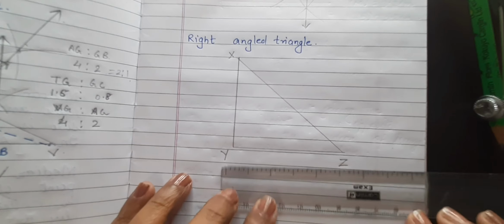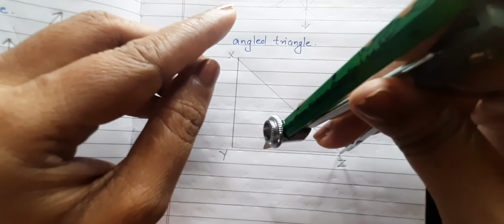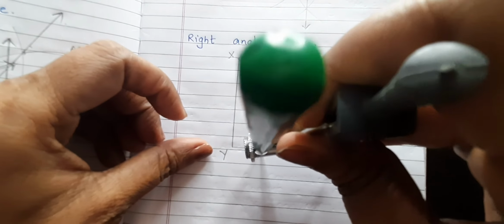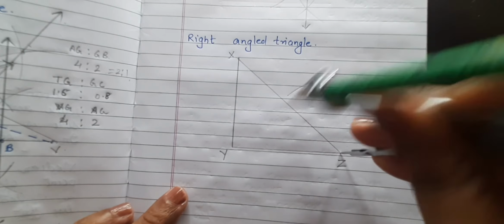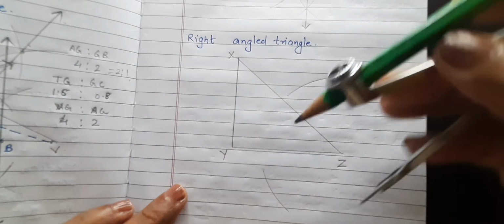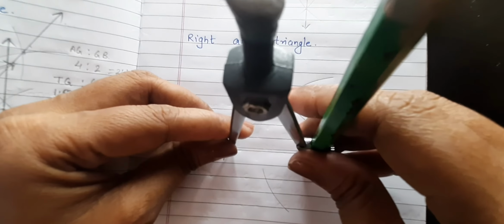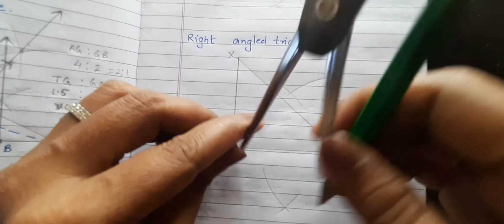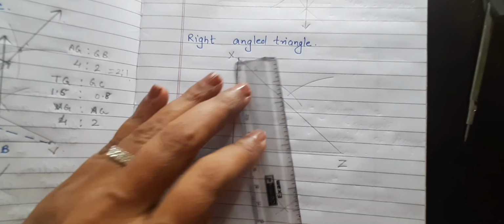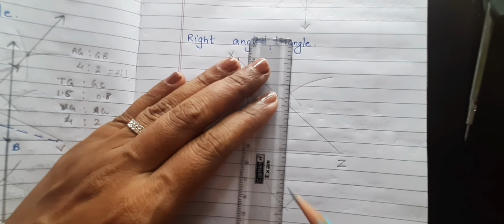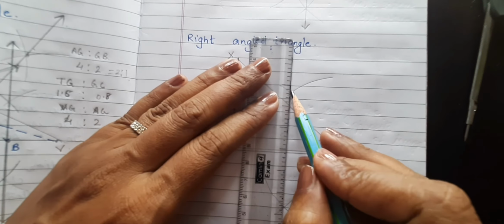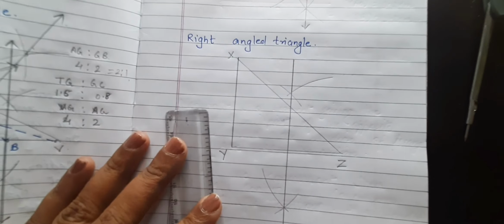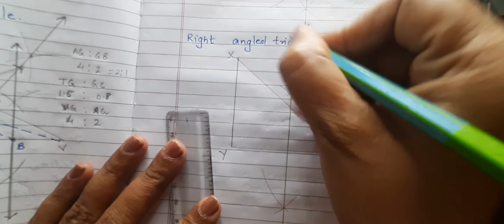So here is the right angle triangle. I'll be drawing, it is more than half, right? So here it is this way. You have to draw the arcs. You all are aware of it now, right? Joining the points on the arcs with the help of the line, right?